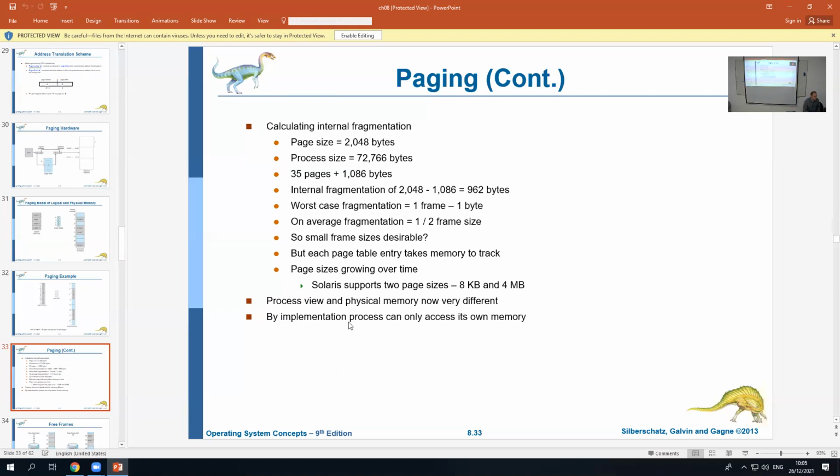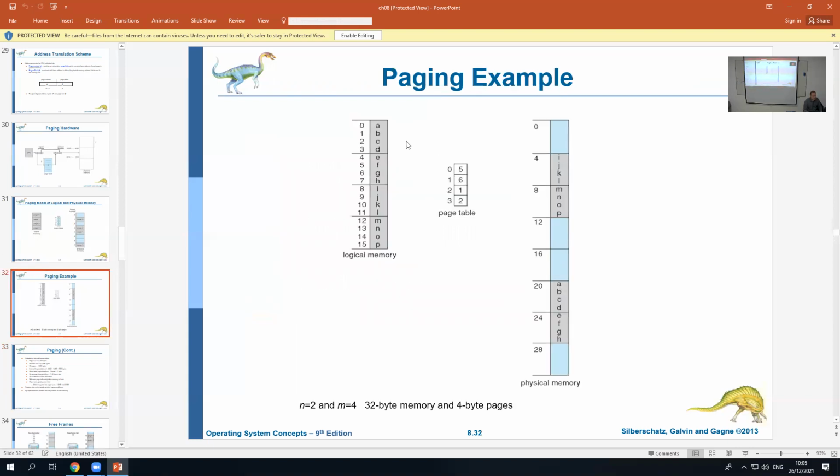By implementation, a process can only access its own memory. Once we have this page table, we've gained another thing.